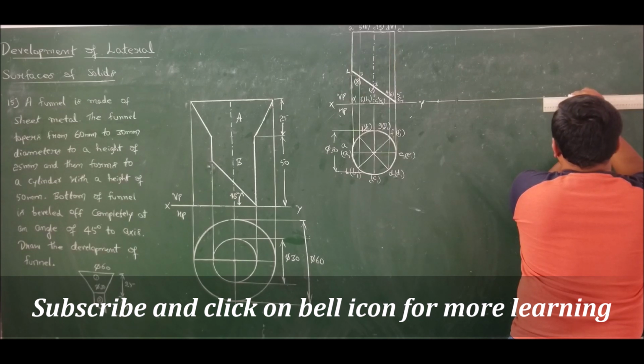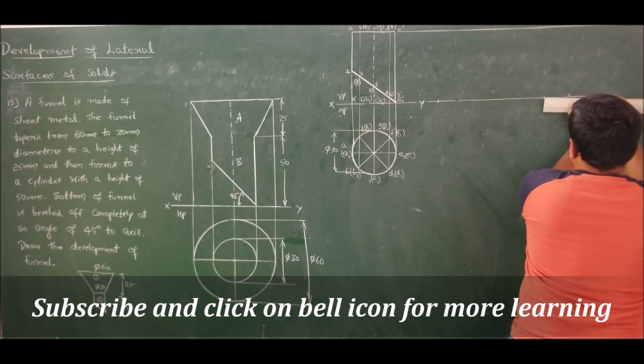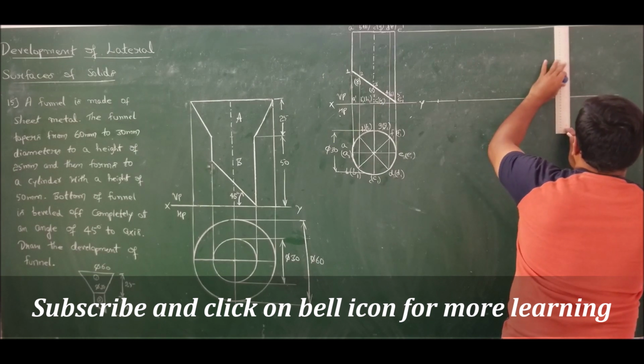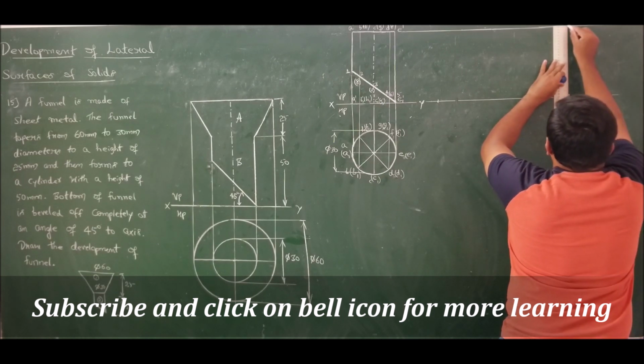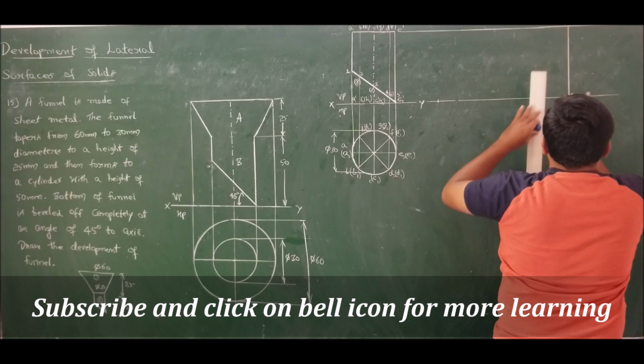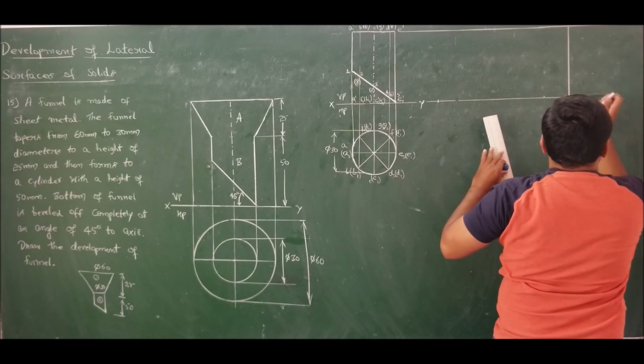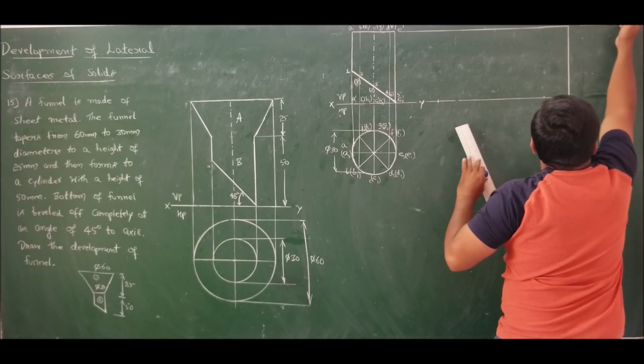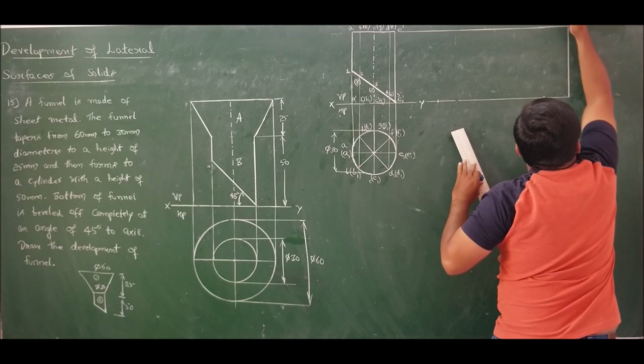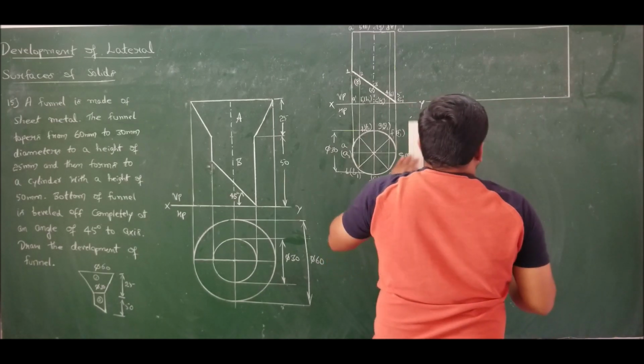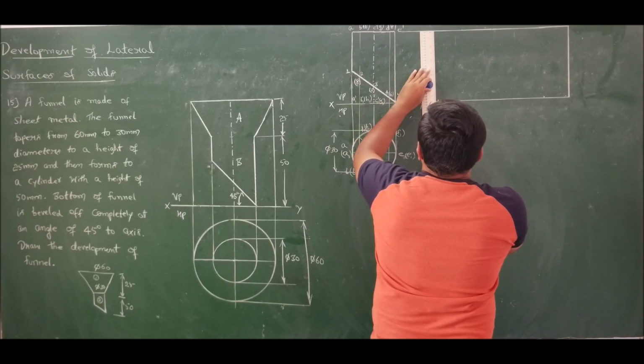So I got 94.25 at this point. I can erase this, it is not required. I can erase this also, which is not required. So we have measured from here.